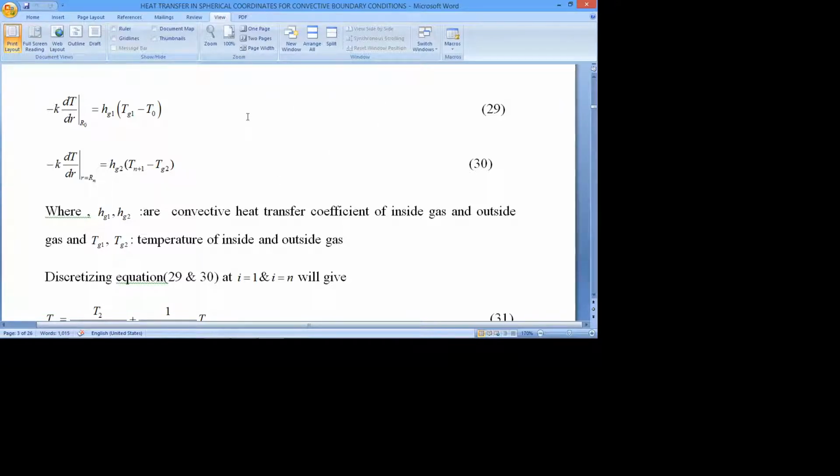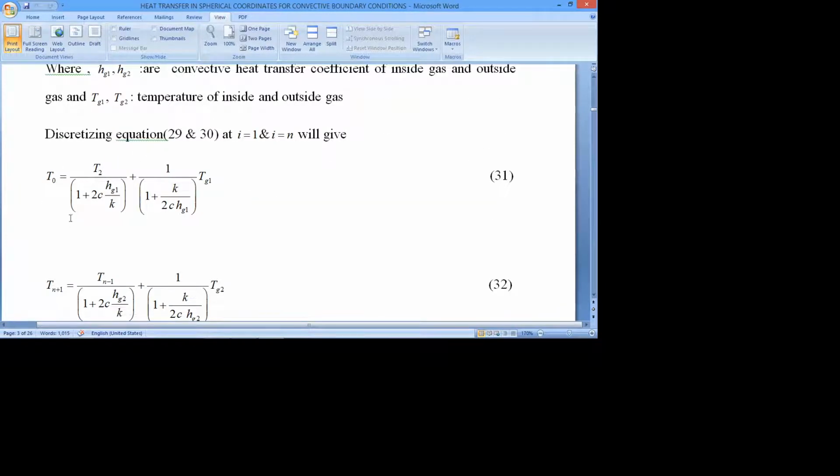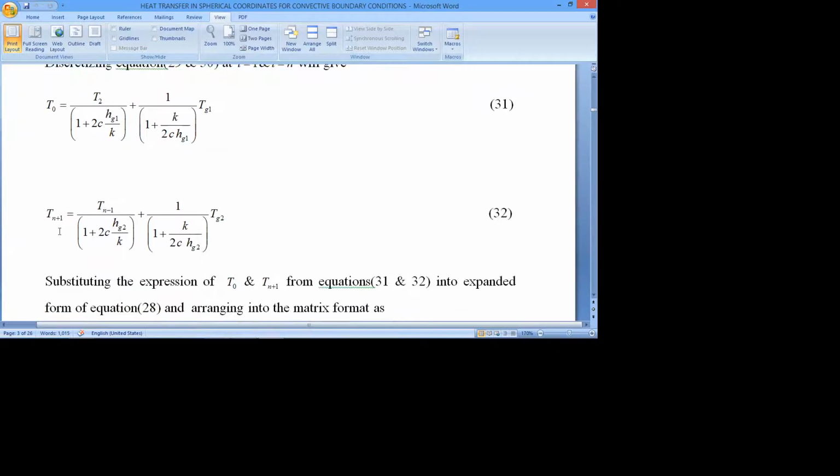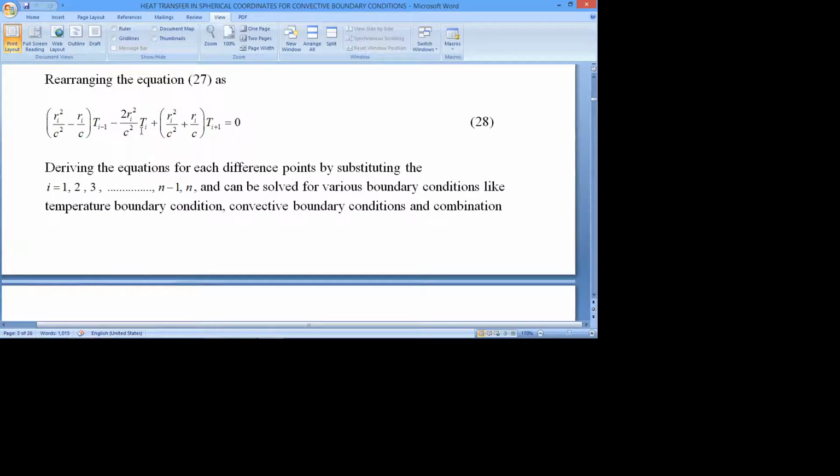Now these two equations can be discretized, this at i equal to 1 and this at i equal to n. If we discretize, we will get this equation for T0 and this equation for Tn plus 1. Now these two temperatures can be substituted back in equation number 28. This is your equation number 28 here.